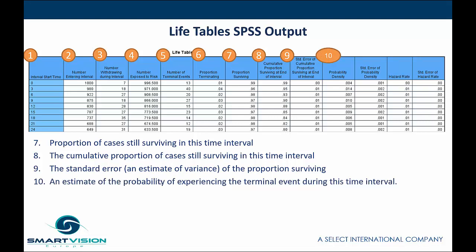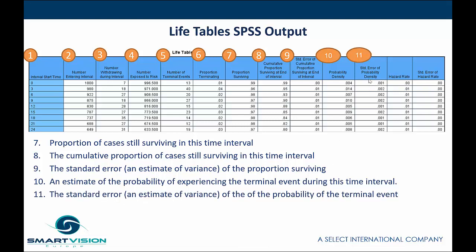And then an estimate of the probability of experiencing the terminal event during that time interval. So it's just saying, look, you've got about 0.01 chance, so about 1% chance of experiencing the terminal event there, and about 0.5% chance here, etc. 1.4% chance within this 3 to 6 month period, which is just months 3, 4, and 5.